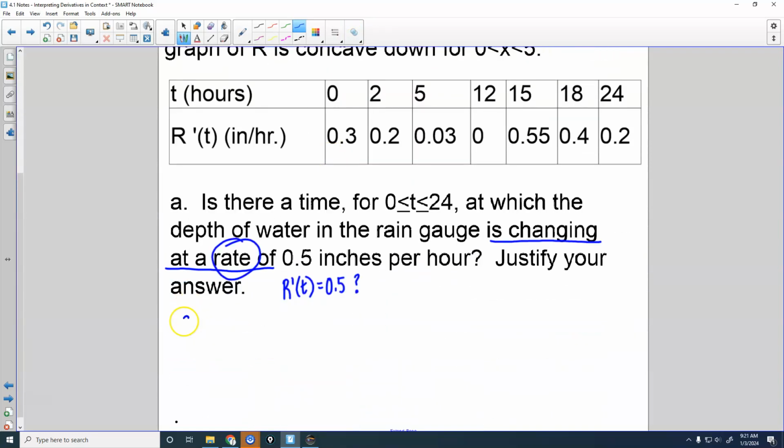So we would say since R is twice differentiable, R prime of t is continuous. It is also differentiable, but for intermediate value theorem, it doesn't have to be differentiable. So if you say it, it's fine, but it's unnecessary.